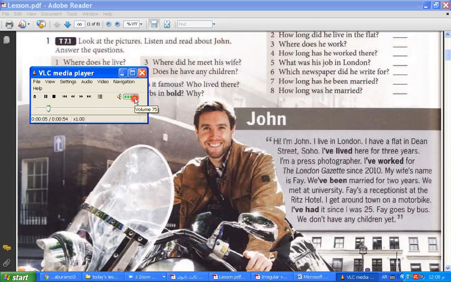Unit 7, tape script 7.1. John. Hi, I'm John. I live in London. I have a flat in Dean Street, Soho. I've lived here for 3 years. I'm a press photographer. I've worked for the London Gazette since 2010.